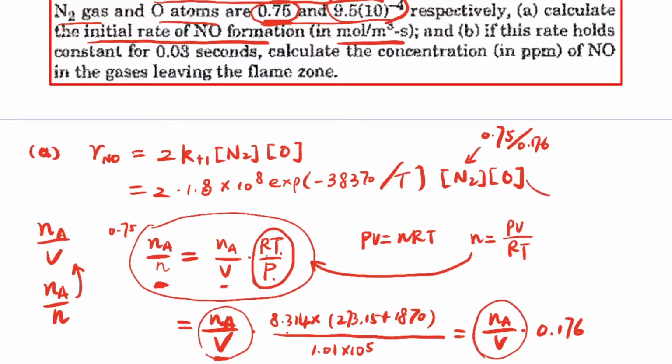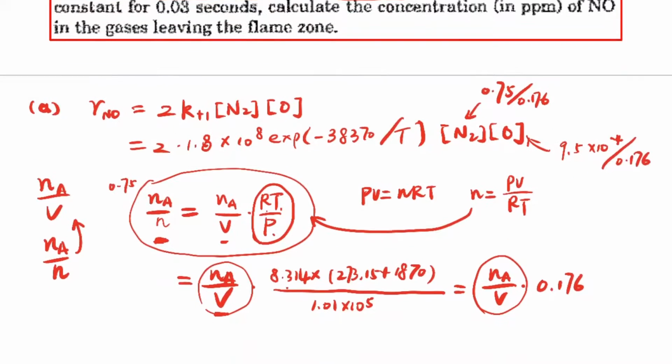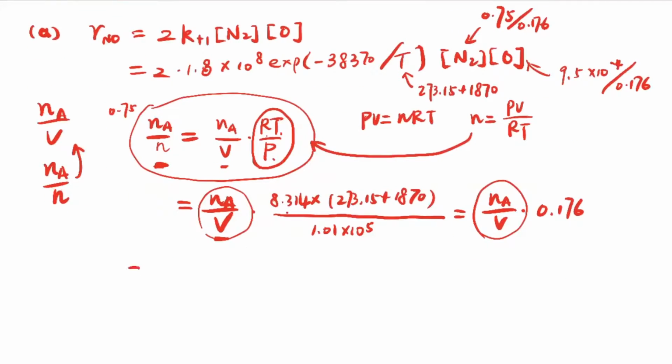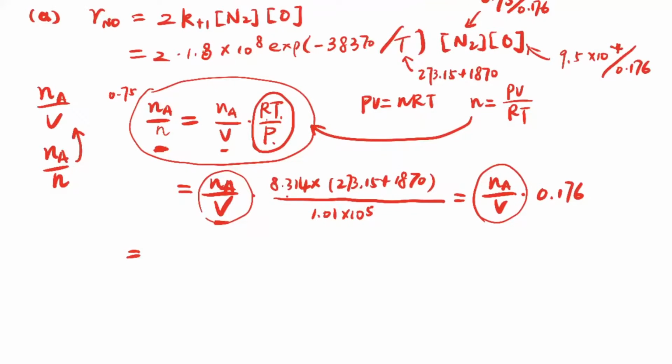Okay, and similarly for oxygen radicals, that's going to be 9.5 multiplied by 10 to the negative 4 divided by 0.176. So with all of this information plugged in, temperature 273.15 plus 1870, you can find out that the reaction rate R is 0.139 mole per meter cube per second.